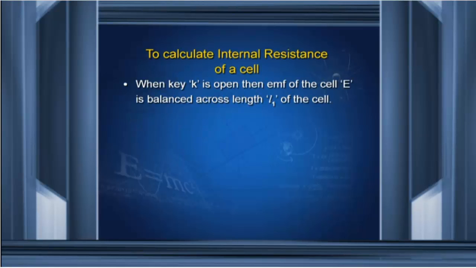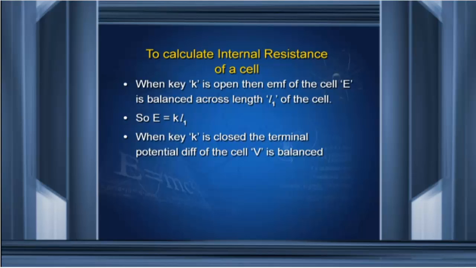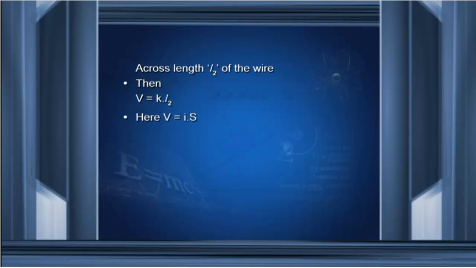When key K is open, the e.m.f. of the cell E is balanced across length L1 of the wire. So E equals K into L1. When key K is closed, the terminal potential difference V is balanced across length L2 of the wire. Then V equals K into L2. If the external resistance is S, then V equals I into S. So E upon V equals L1 upon L2.